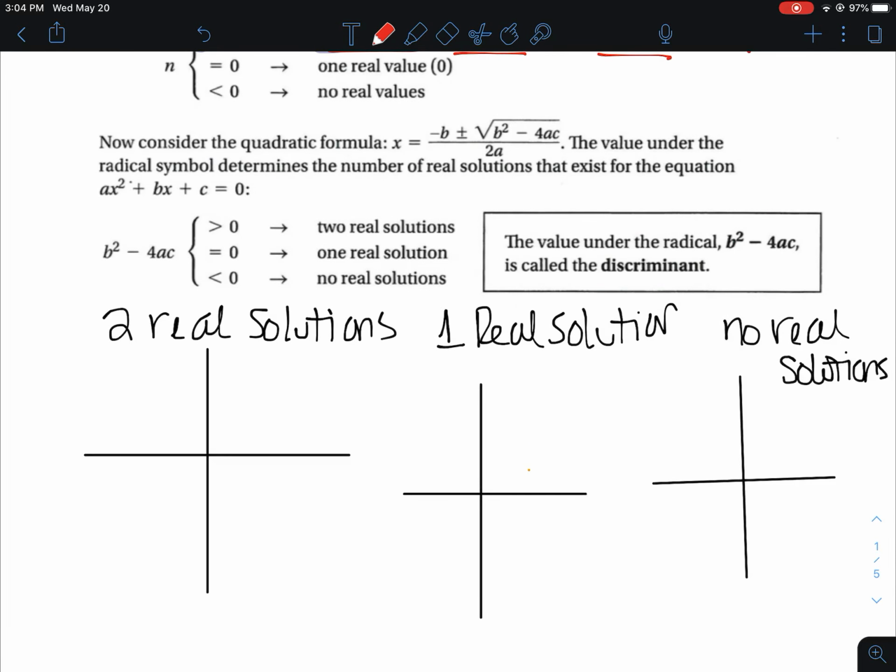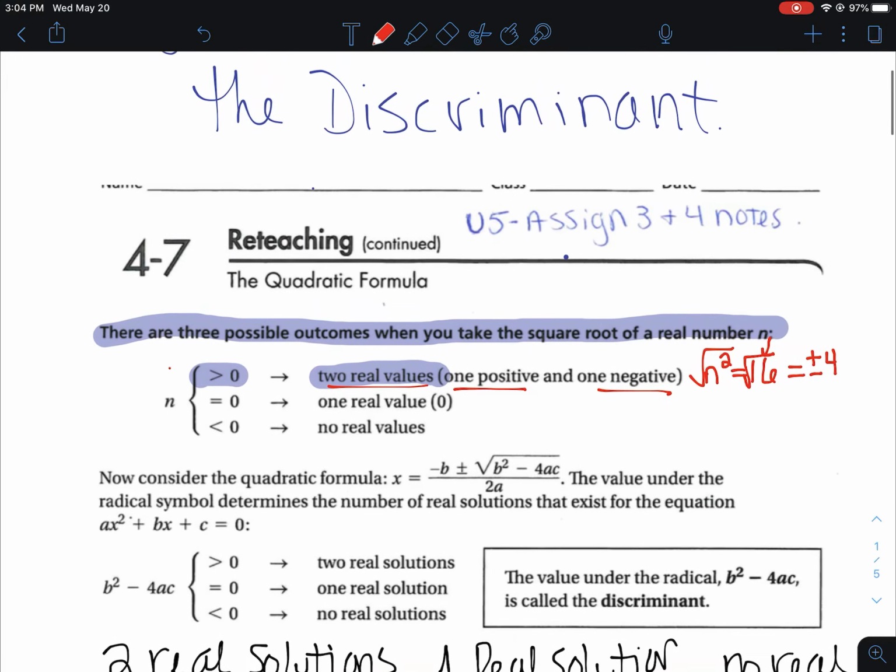When I have two real solutions for a parabola on a graph, that means it's crossing the x-axis in two places. Those are the zeros of the function. So when n is greater than 0, or positive, our graph is going to look something like that, where it crosses the x-axis in two particular places, okay?